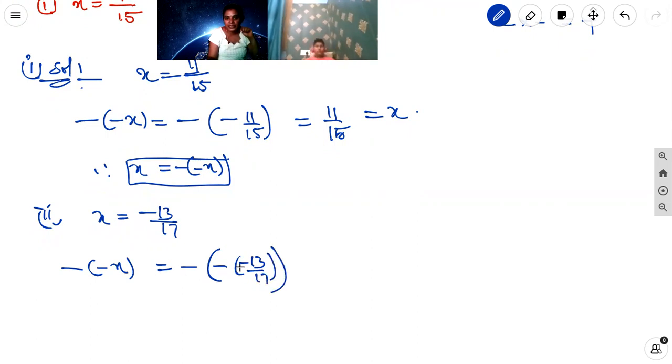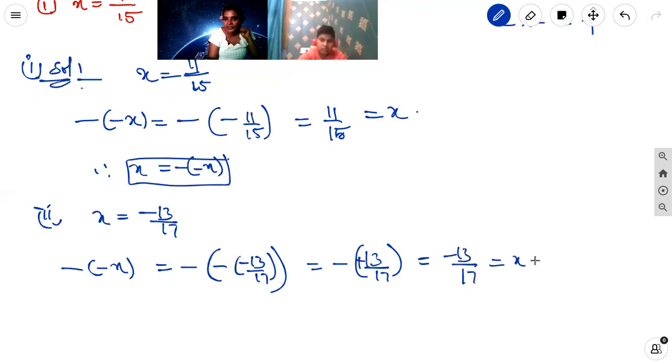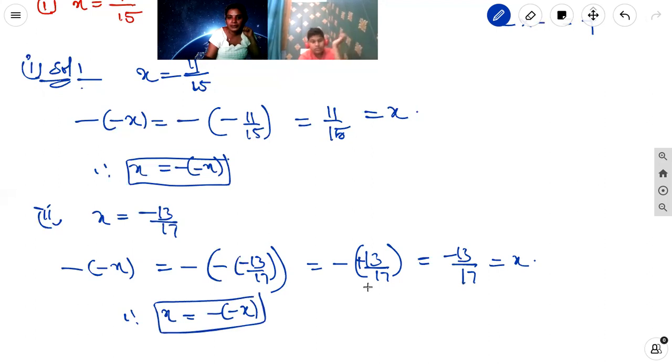Minus into minus is plus, so it is 13 by 17... so minus into minus 13 by 17 gives the value, which is equal to x. Therefore, x equals minus of minus x is the answer.